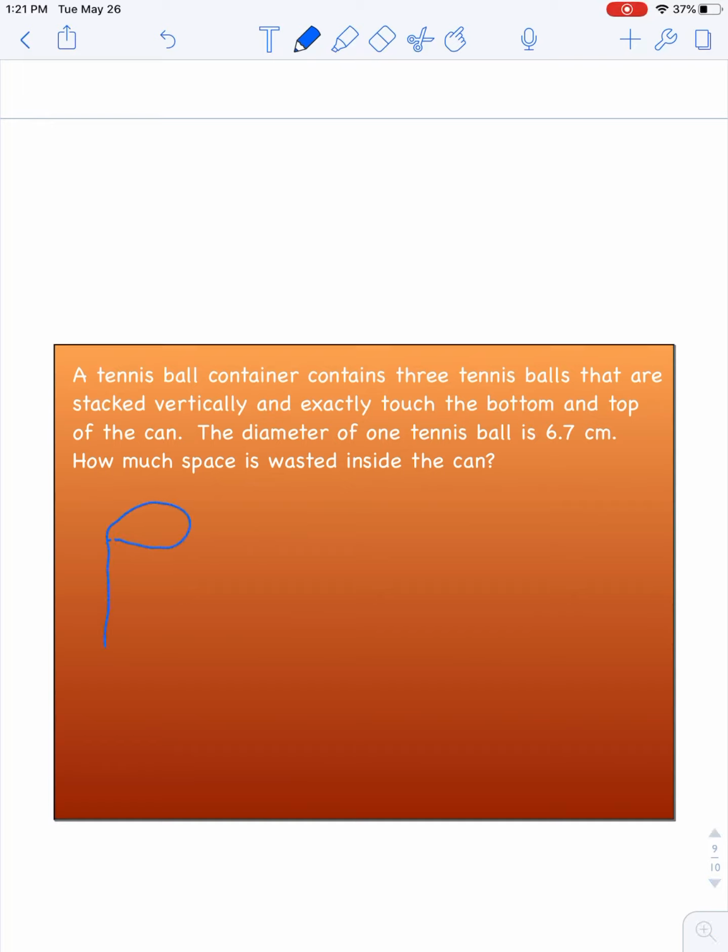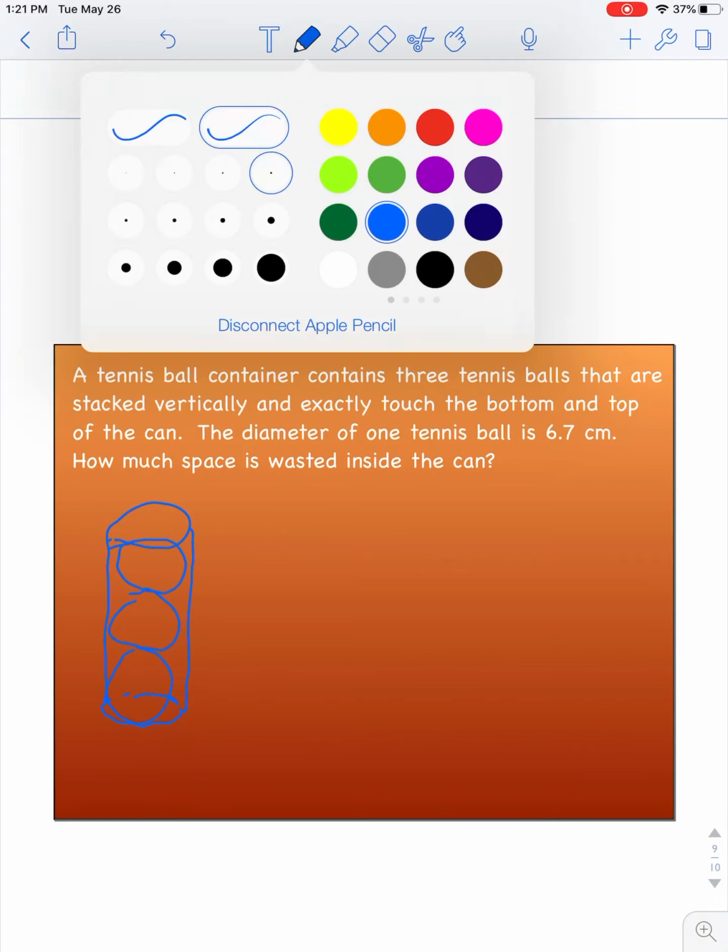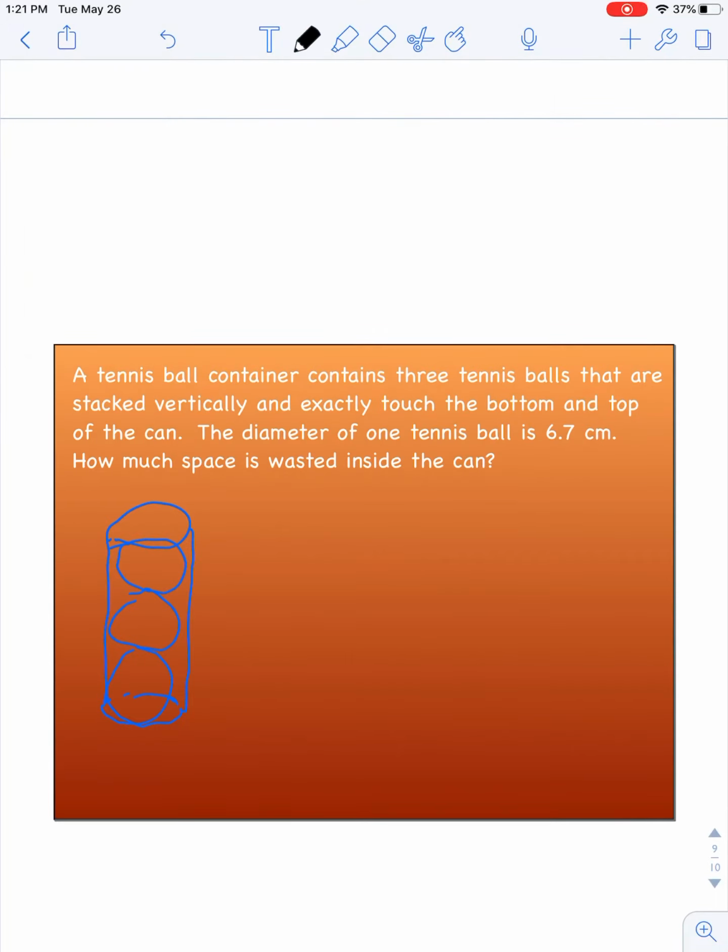So you have a cylindrical can like this, and you have 3 tennis balls stacked inside, and they're stacked vertically and they exactly touch the top and the bottom. The diameter of one tennis ball right here is 6.7. And that means the diameter going this way, because it's a sphere, is also 6.7.